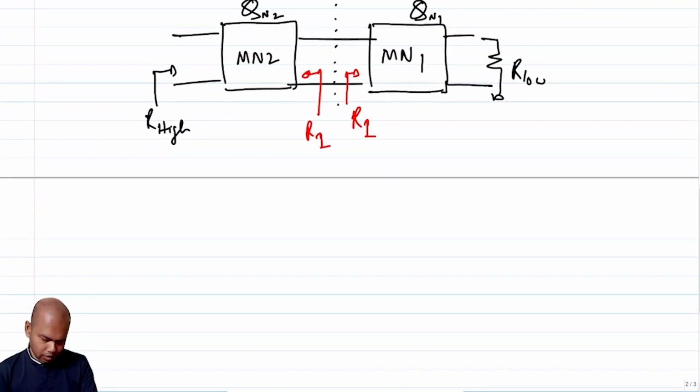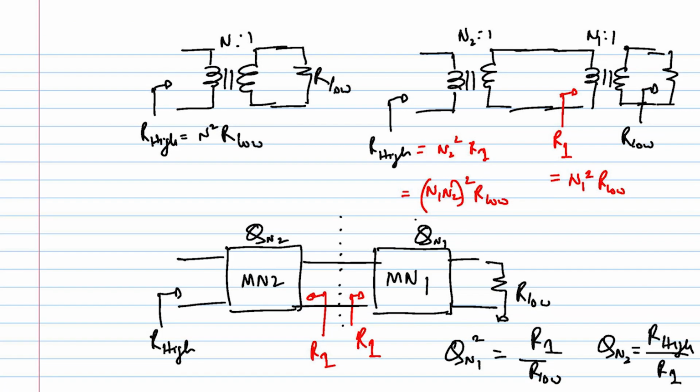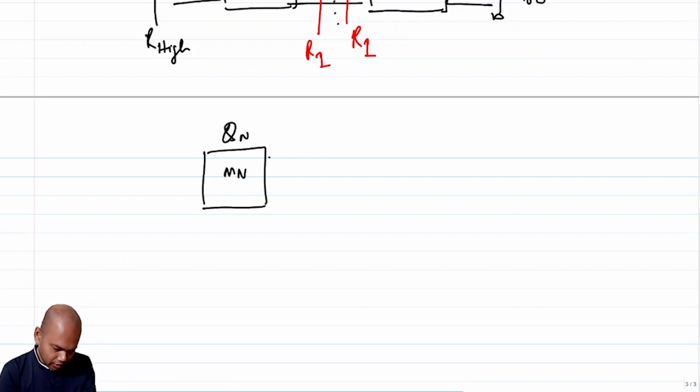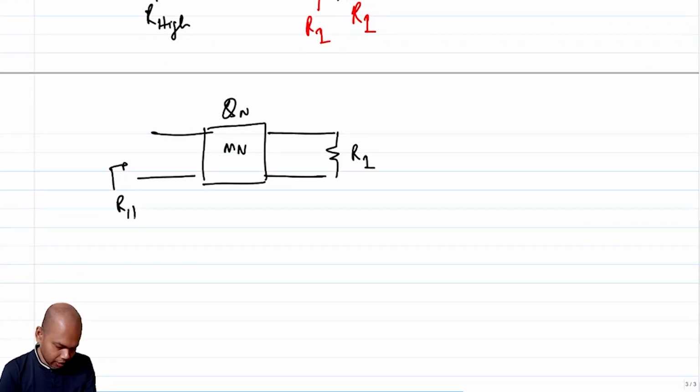So in this case, we are interested in finding out what the overall Q is in terms of Qn1 and Qn2, right? Before we go there, let me briefly refresh your memory as to how we are defining Q. Let's say this is some matching network which has a Q factor of Qn, and this is some R, and I'm trying to match it to some R high, and note that there is a source here, right?